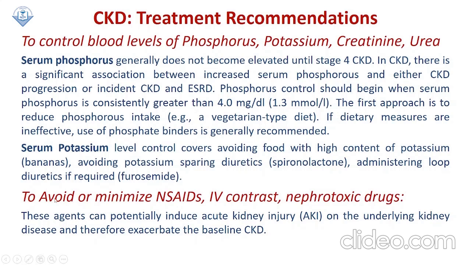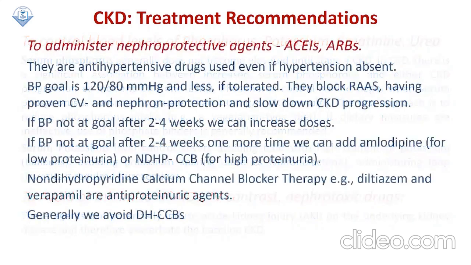Then we must avoid and minimize nephrotoxic agents. Of them, non-steroidal anti-inflammatory drugs, intravenous contrast, and maybe some antibiotics having nephrotoxicity. They must be avoided, or their dose must be decreased, because they can potentially induce acute kidney injury on the underlying kidney disease and therefore exacerbate chronic kidney disease.